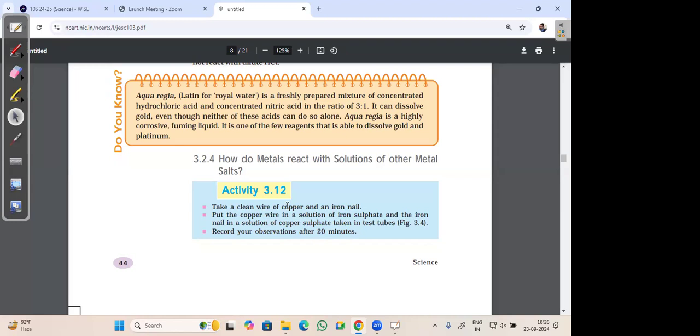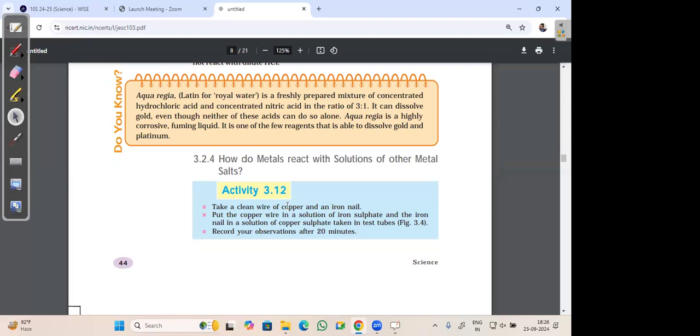Okay, see. Gold is insoluble in nitric acid. Gold is insoluble in hydrochloric acid. Since gold is very less reactive, it doesn't dissolve in any of them. But a solution is formed, aqua regia, which is a mixture of hydrochloric acid and concentrated nitric acid taken in the ratio 3:1.